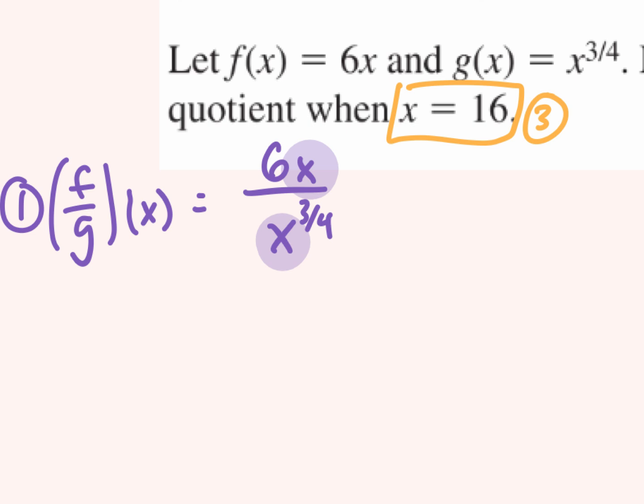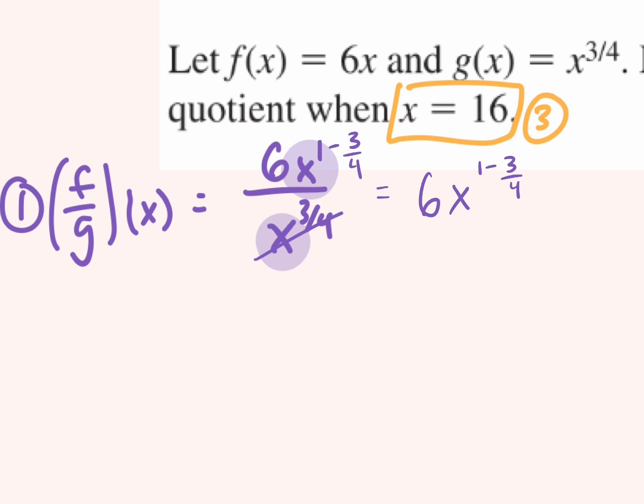Subtract the exponents. What's my exponent of the x on top? 1. So that 6 just stays out front, and I subtract the exponents. It'll be 1 minus 3/4. So this is 6x to the power of 1 minus 3/4.